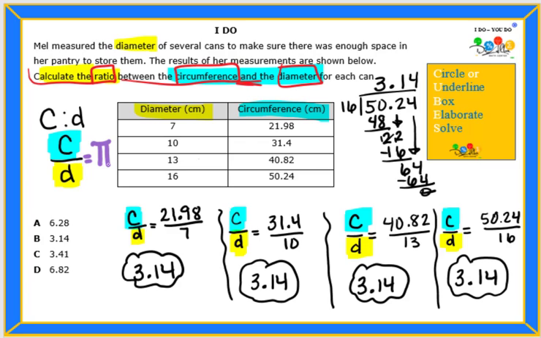So pi is what we get for every and any circle when we divide the circumference by the diameter. That ratio will always give us pi. And pi we estimate to 3.14. And we have seen here that when we took every circumference that they gave us and divided it by the diameter for that circle, we got 3.14. Our answer is B. It is also pi.